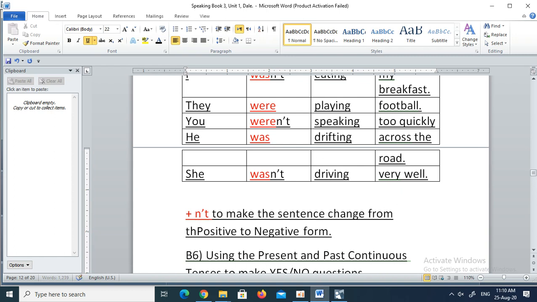Okay, you add an nt to make the sentence change from the positive to the negative form.